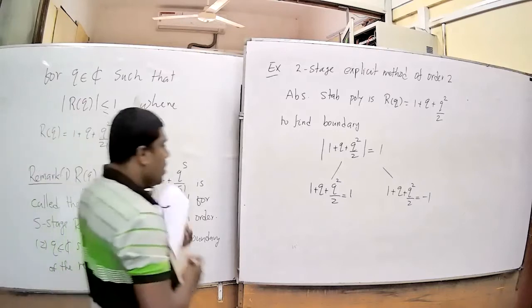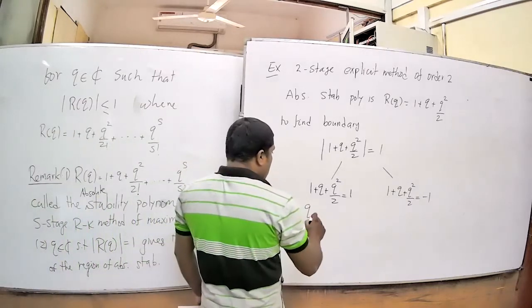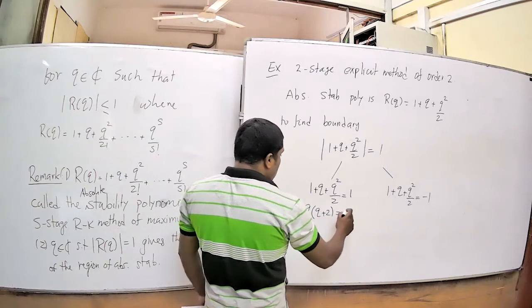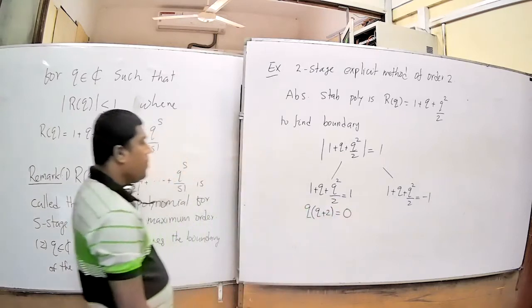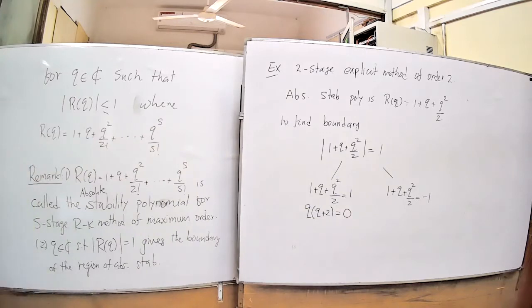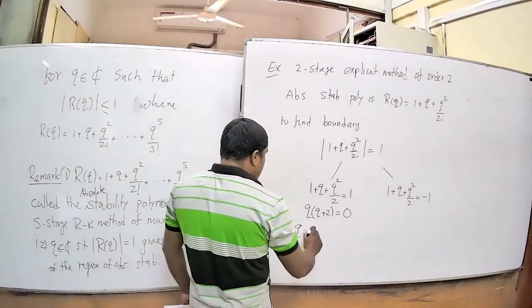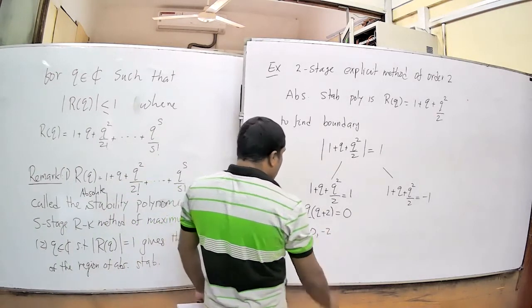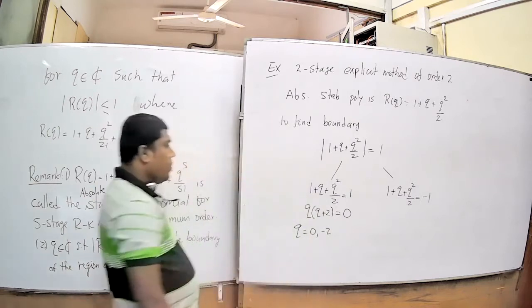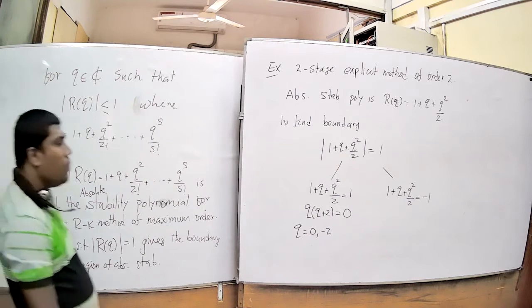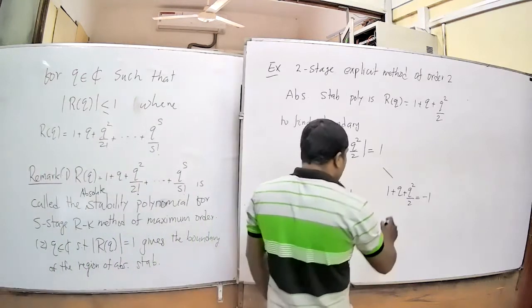From this, q times (q plus 2) is equal to 0, so q is equal to 0, minus 2. For the other one, q squared plus 2q plus 4 is equal to 0.